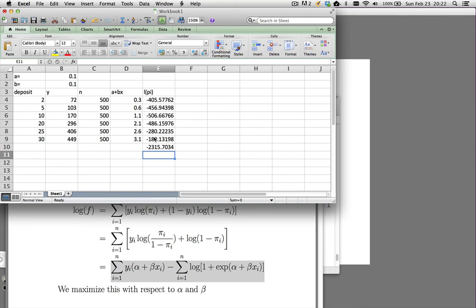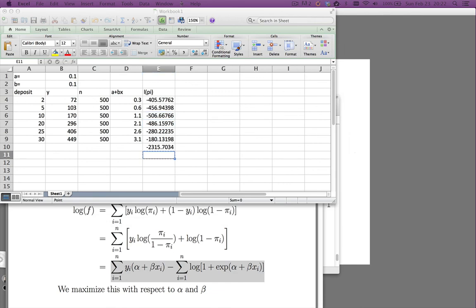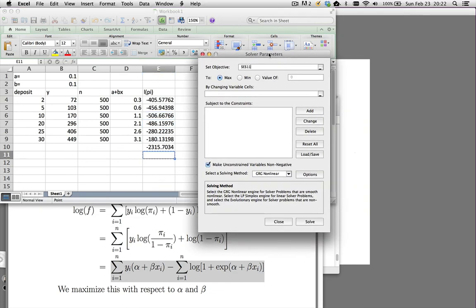Now we can use Solver. So I'm going to go up to Tools, Solver. And we want to maximize the value of E10. So make E10, that's this cell, as large as possible by changing B1 and B2.